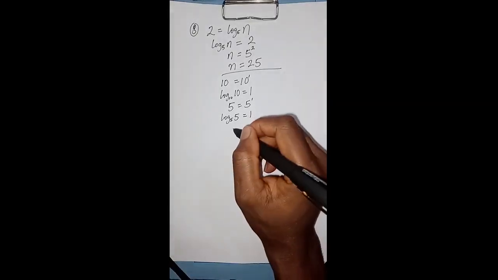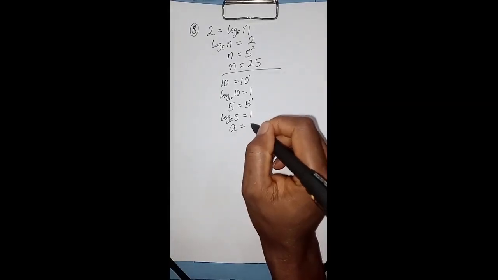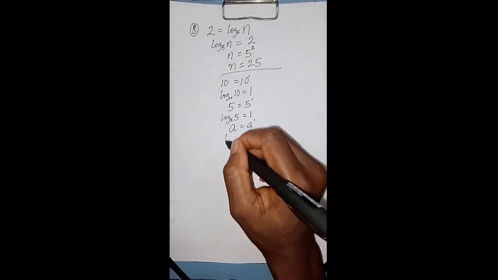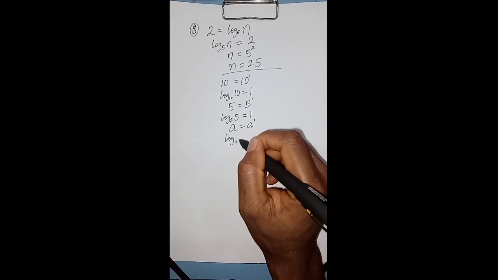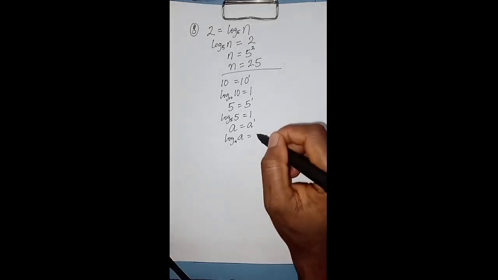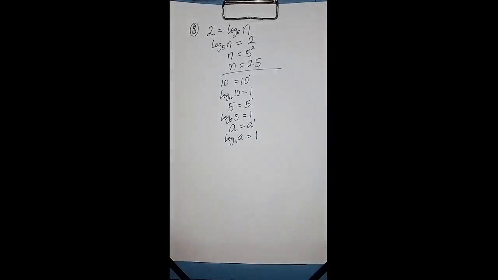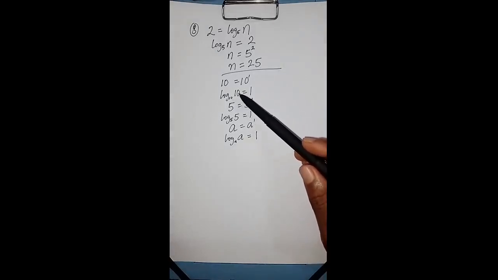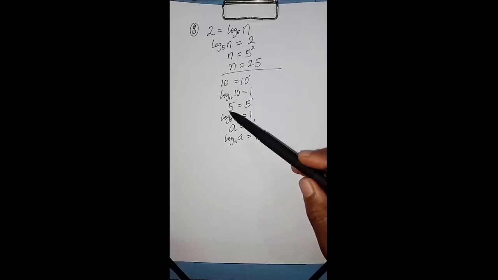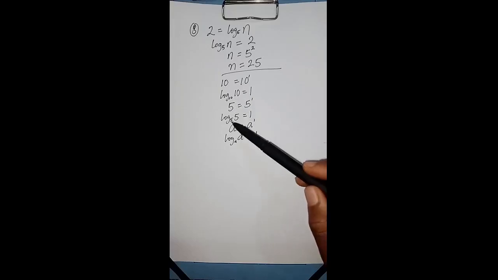The same principle, if I say a is equal to a raised to the power 1, then I'm saying log a to base a is equal to 1. So what's the point? Once the base is the same as the number you have here, it is equal to 1: 5, 5, a. That will help us to understand what I'm trying to do.